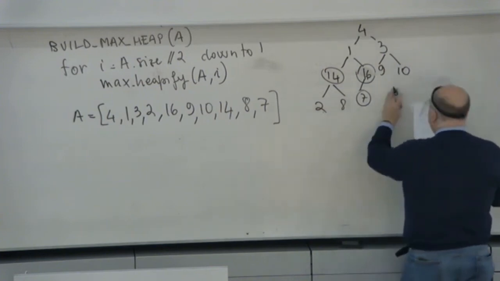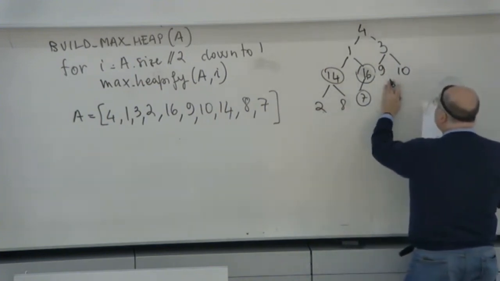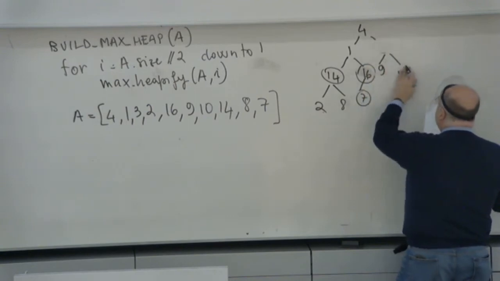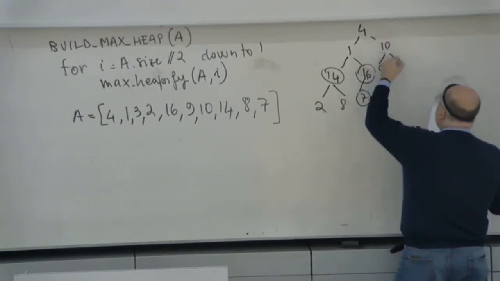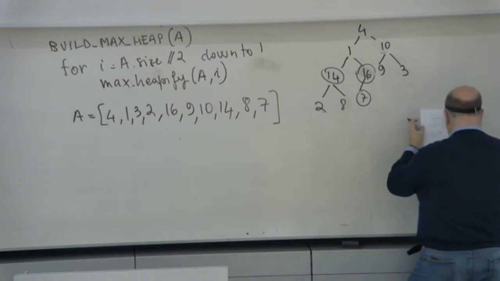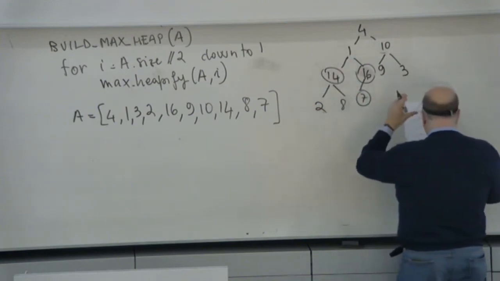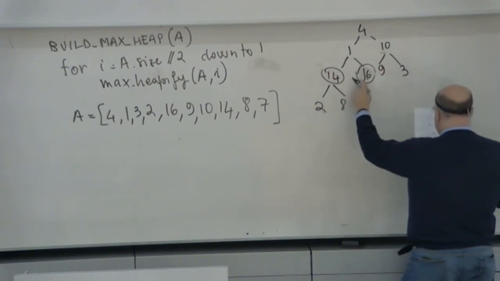And then we move up to 3, which is again not in the right place. So we swap 3 with 10. And so we have 10, 9, 3. And then we have 1, this one, which has 14 and 16 below.